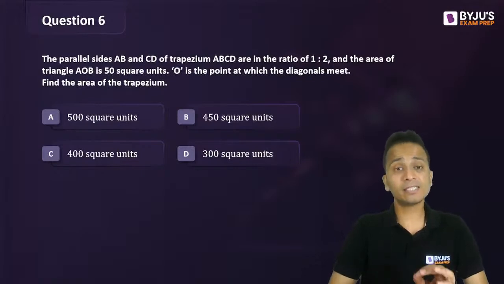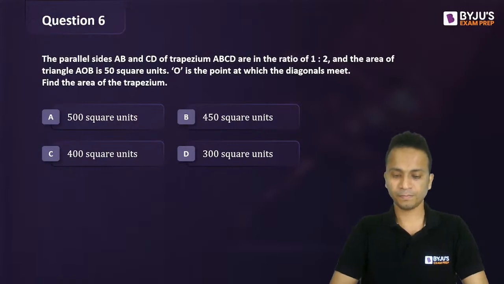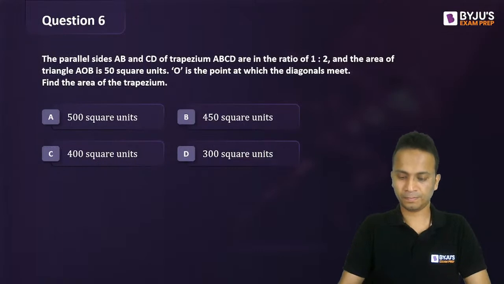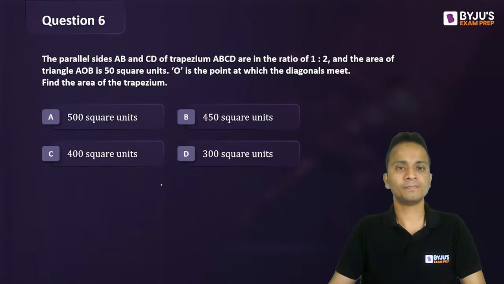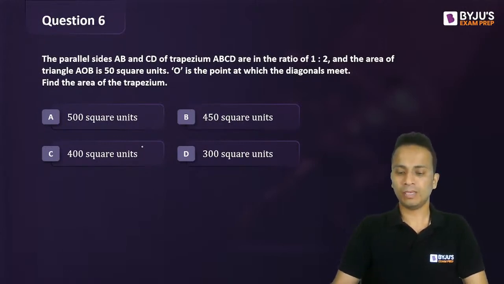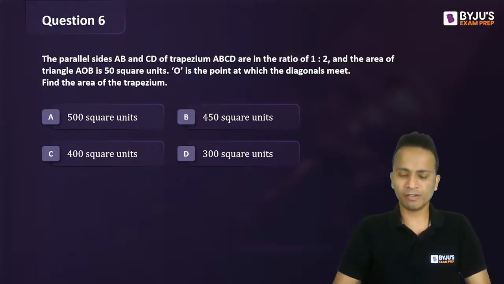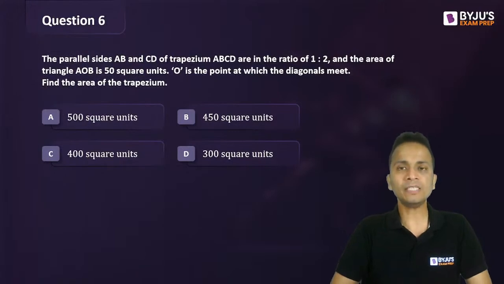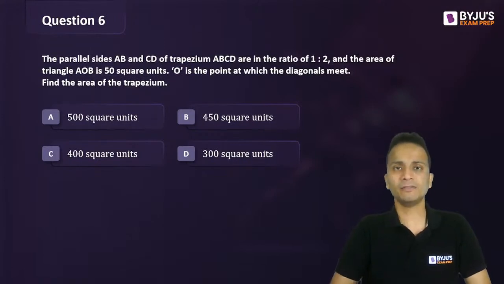Now, question number 6 is a good conceptual question. AB and CD are the parallel sides of the trapezium and the ratio is given as 1:2. The area of the triangle AOB is 50, where O is the intersection point of the diagonals.